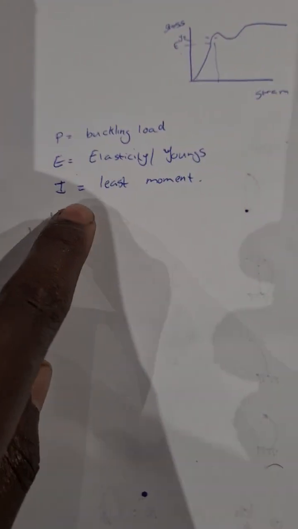This is the moment of inertia. Take notes of what I'm writing. I said least moment of inertia, or second moment of inertia. I said least. Underline this word, least.